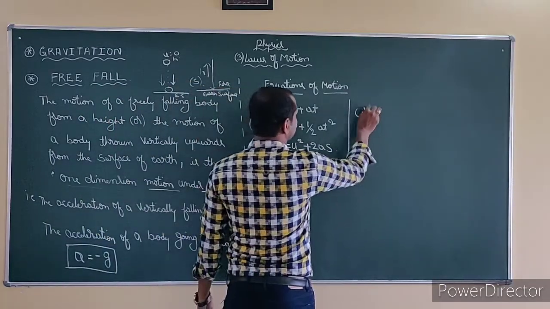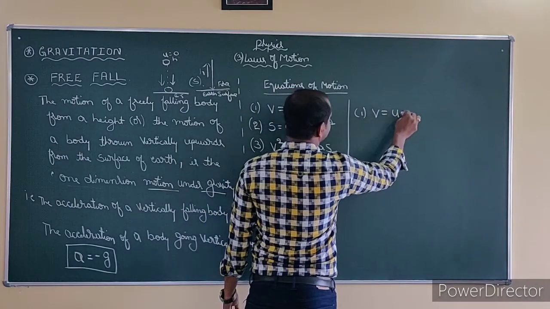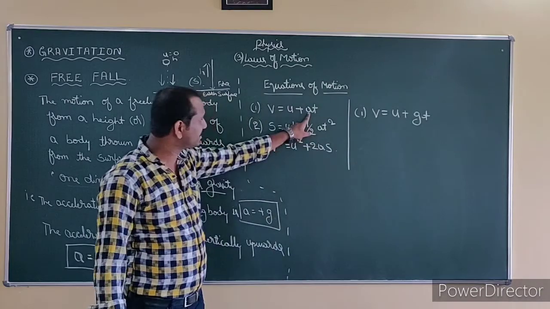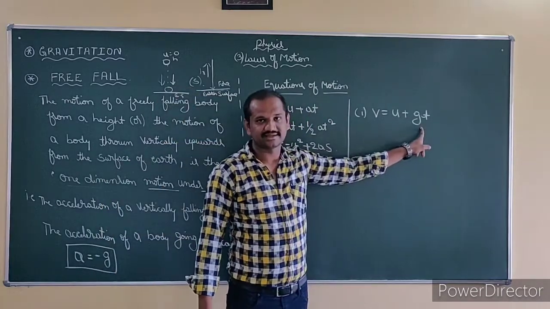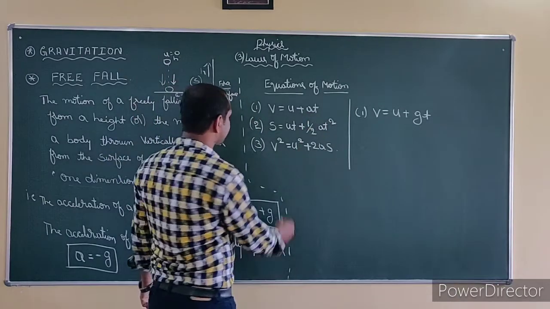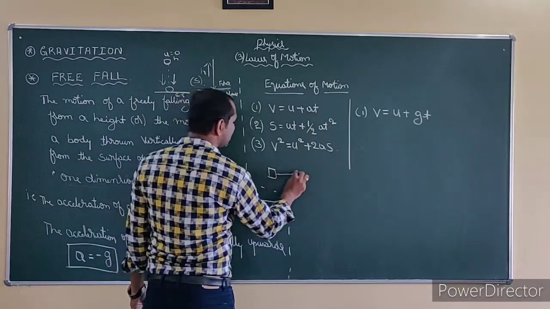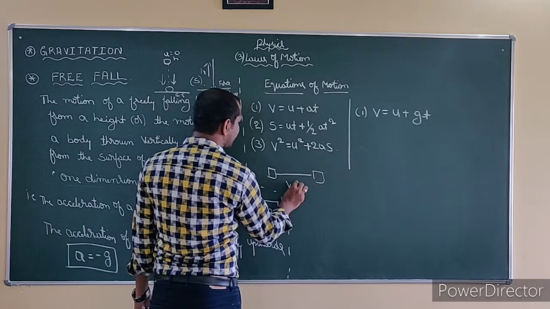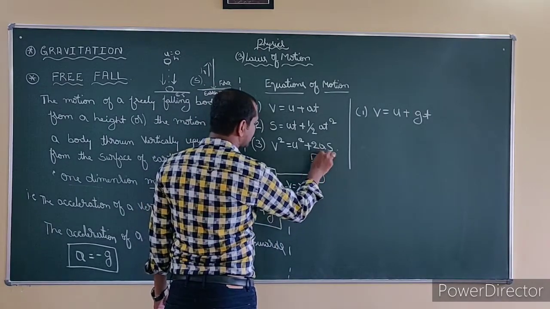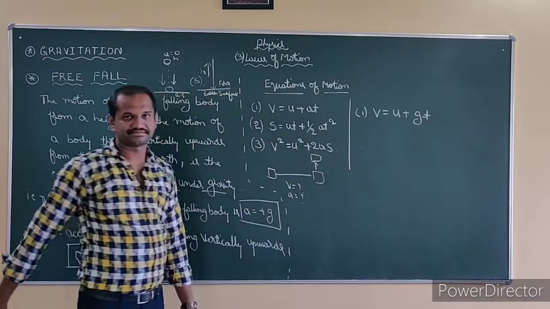The first equation becomes v = u + gt. Instead of a, I take g. The reason is, in that case it was acceleration: for example, an object keeps moving, it has velocity, and the change in velocity gives us acceleration.